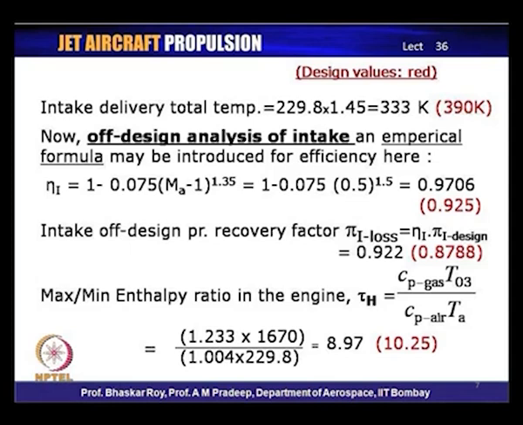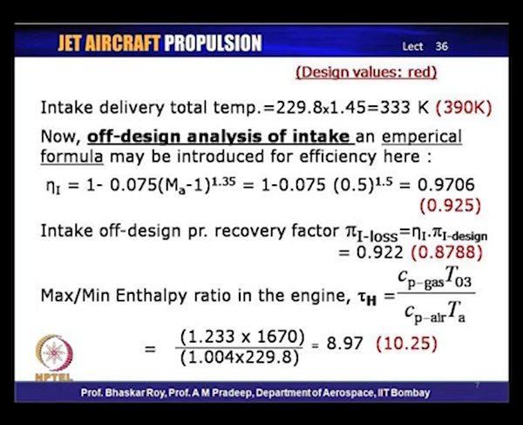Now, we figure out what the maximum to minimum enthalpy ratio in the engine could be. You are probably familiar with the engine cycle temperature ratio, which is normally given in terms of the maximum temperature to the minimum temperature with which the flow is going in, and this temperature ratio can here also be converted to enthalpy ratio by using the values of Cp of gas and Cp of air.